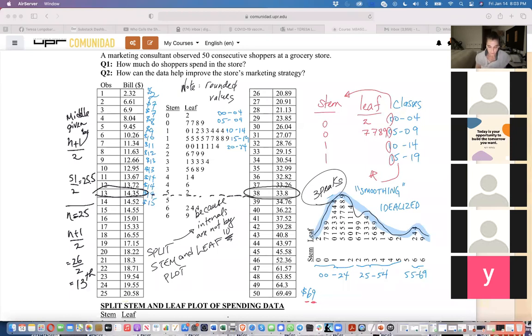You will count 1, 2, 3, 4, 5, 6, 7, 8, 9, 10, 11, 12, 13. So this is the 25th percentile because 25% of the observations are below it. And this is called the 75th percentile because 50 plus 25, or 75%, of the observations are below it. So this is 14.35 and 33.8.